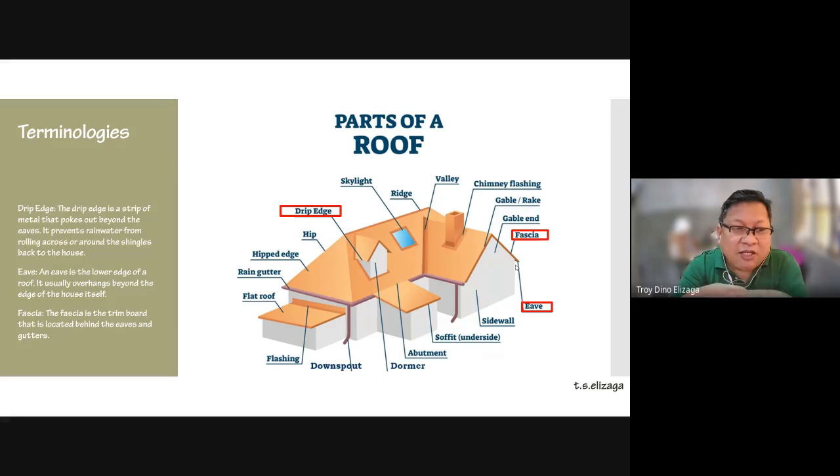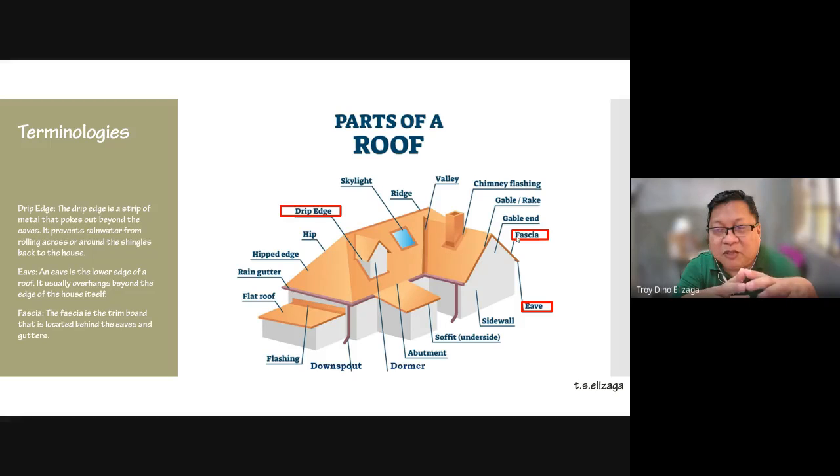And then fascia is the trim board that is located behind the eaves and gutters. So I mentioned the roofing, and then there's that wall, that surface. Normally, that's a fascia. It's a trim, a piece of wood, or sometimes metal.